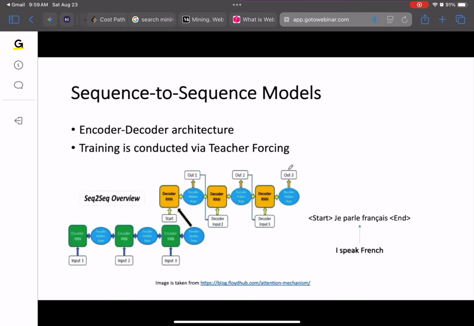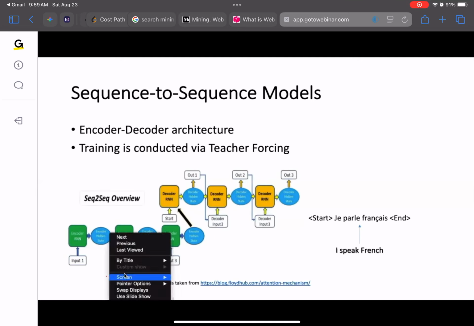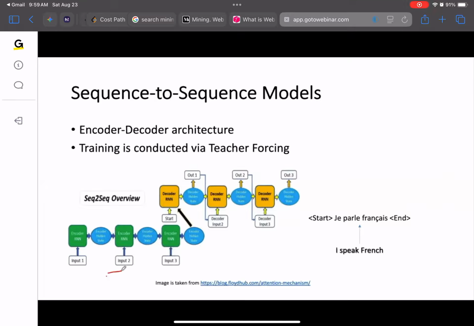To begin with, let's get an overview of sequence to sequence models. In sequence to sequence models, typically we have an input sentence and we try to generate the output sequence. Let's consider the context of machine translation. So this is one example of machine translation.